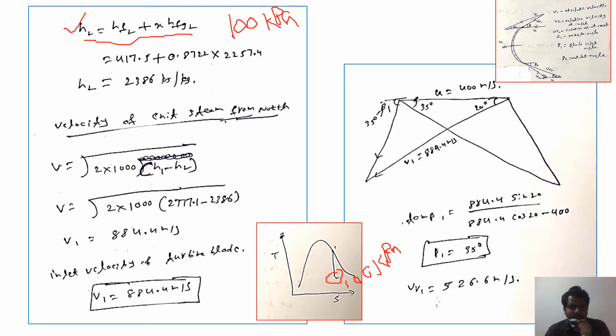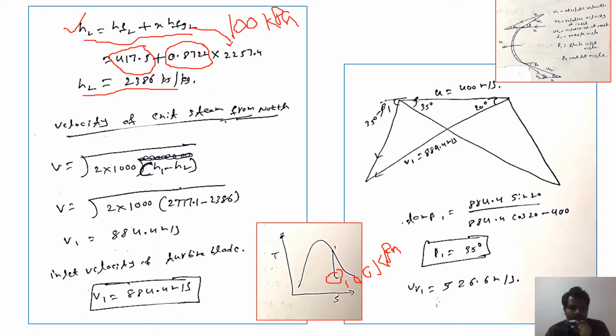The HF2 value at 100 kilopascal is 417.5 plus X, the dryness fraction we already calculated, 0.8772, into HFG2 value, which is 2257.4. This value I have taken from the saturation steam table at 100 kilopascal. Finally the H2 value is 2386 kilojoule per kg.